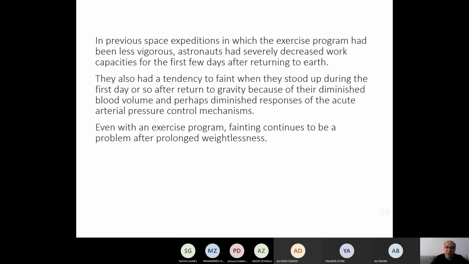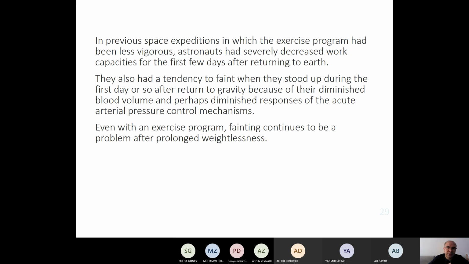So in space, in spacecrafts, there are centrifuges applying some gravity, although not as much as on Earth, but still it prevents these changes in the body.